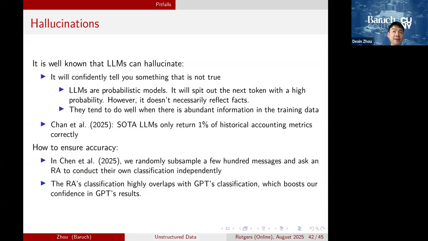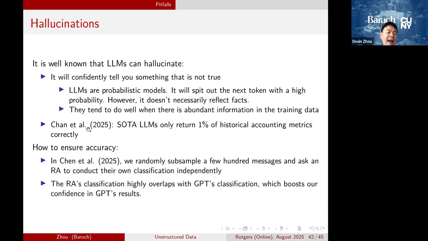Sometimes GPT says things that are simply not true. There's this paper, I don't know if they have put it in the public domain. Chen et al. 2025 says that state-of-the-art large language models only return 1% of historical accounting metrics correctly, right? This is the paper by Eddie Riddle and his co-authors, Eddie Riddle at Boston University.